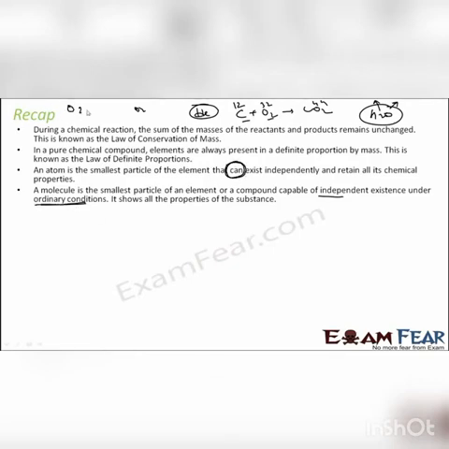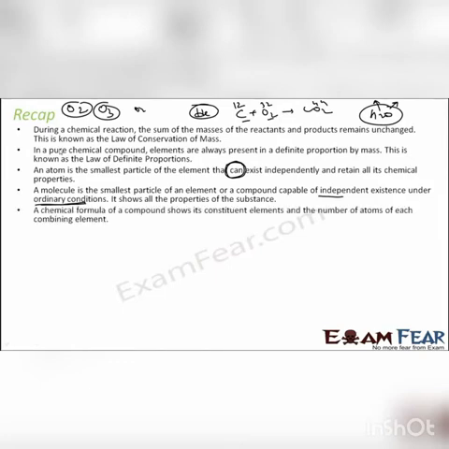That's why I told you oxygen typically exists in O2 or O3 form. This is molecule form. You can actually break a molecule to atoms, and that will exist independently under some condition, but the molecule exists under ordinary condition.